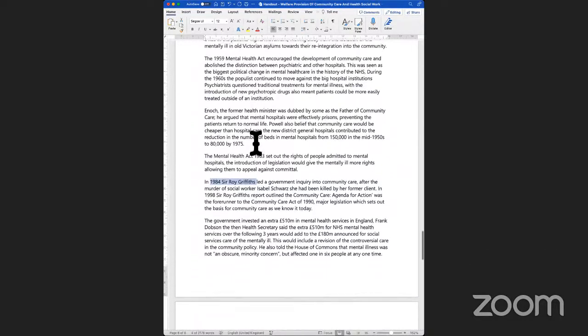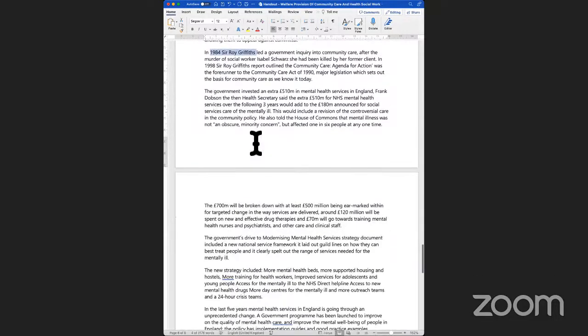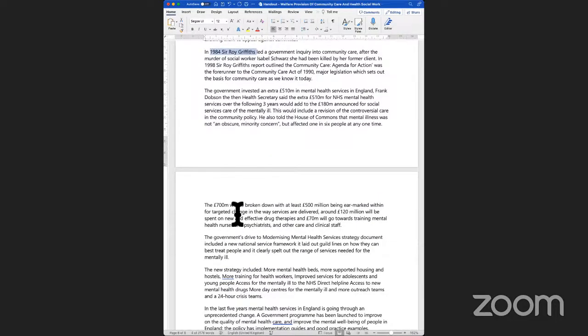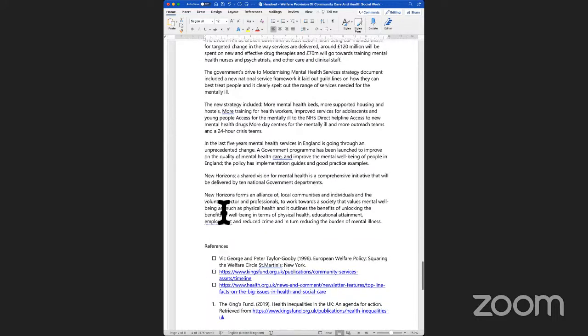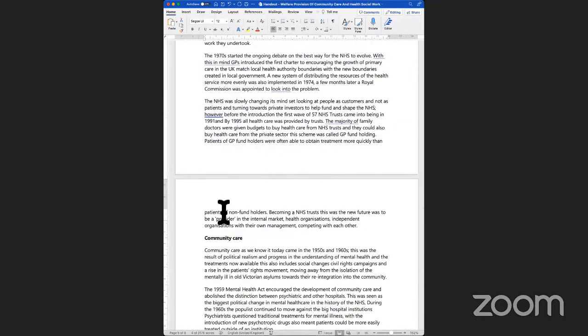But now prescription charges are to the tune of about 700 million pounds a year, because that is the amount which the people pay. And then the balance is provided by the government through the allocation of budget to the National Health Service.